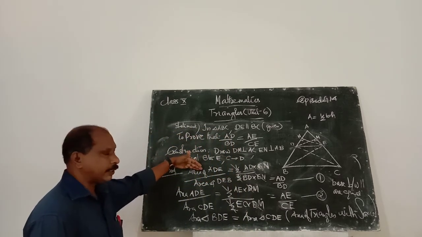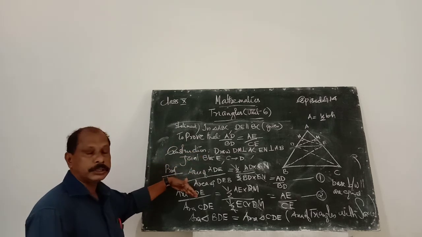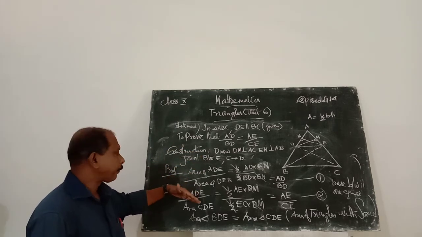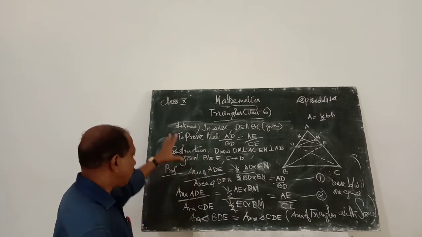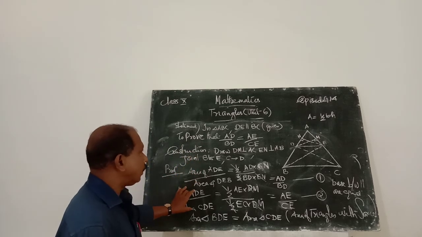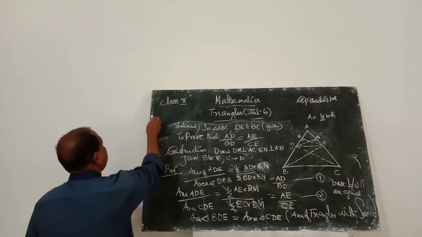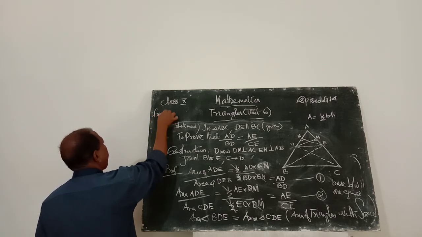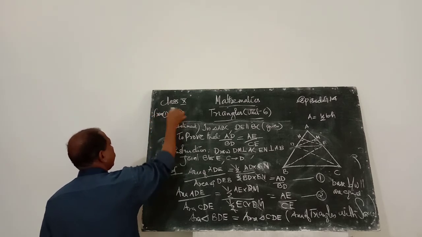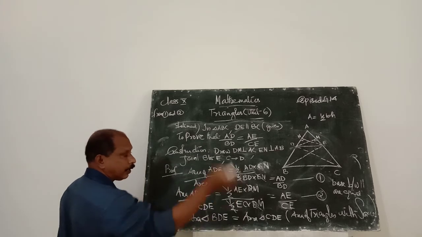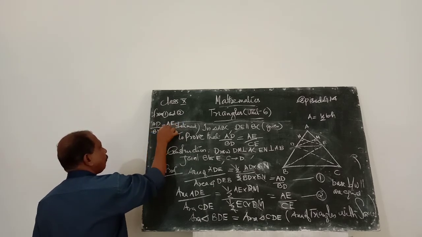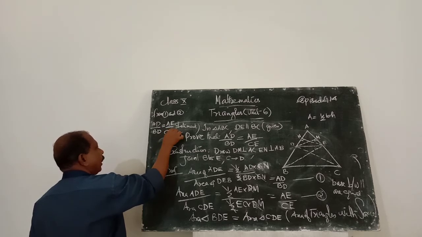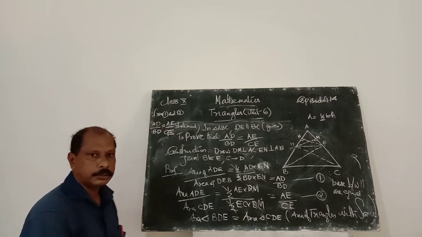That means the numerator of the first equation and the numerator of the second equation are the area of the same triangle, and the denominators of the first and second will be equal because of that property. Therefore, the first equation and the second equation are equal, which implies from 1 and 2, the left sides are equal, therefore the right sides are equal. That is AD by BD is equal to AE by CE. That is the basic proportionality theorem.